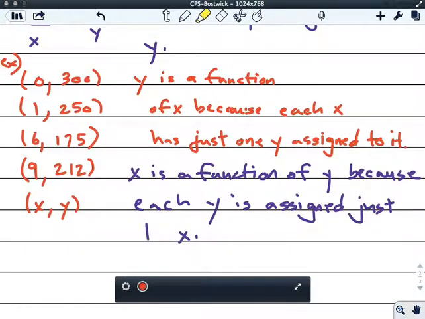And so if I look at this, 300 maps to 0, 250 maps to 1, 175 is paired with 6, and 212 is mapped with 9. And so if I know the y, I can predict precisely the x without any confusion at all. If I put y into the function, then I get a specific x out.